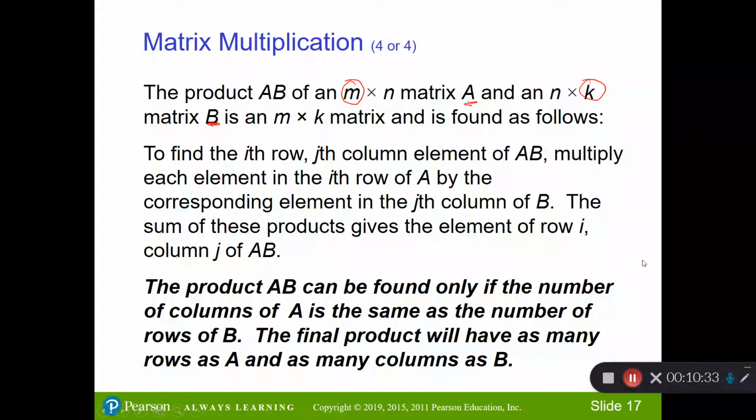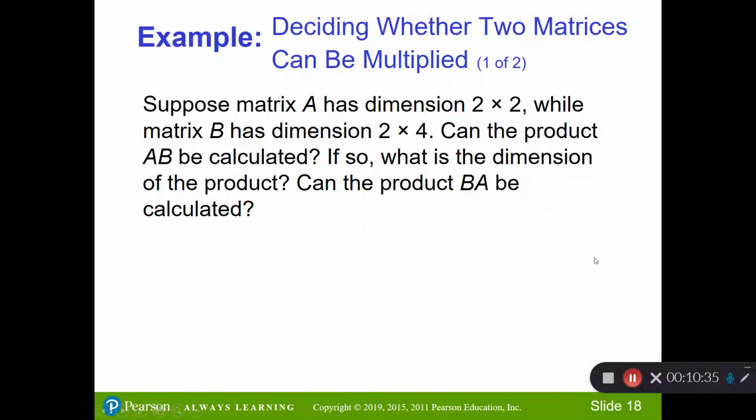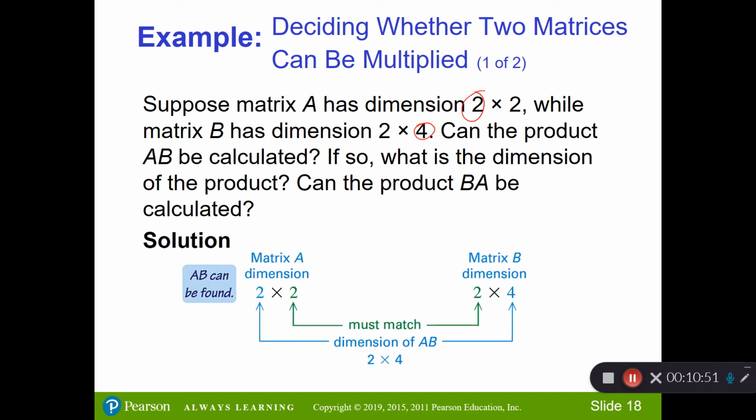All right, so here, suppose the matrix A has dimensions 2 by 2, while matrix B has dimensions 2 by 4. Can the product AB be calculated? Yes, I can go with a 2 by 4 product as the result.